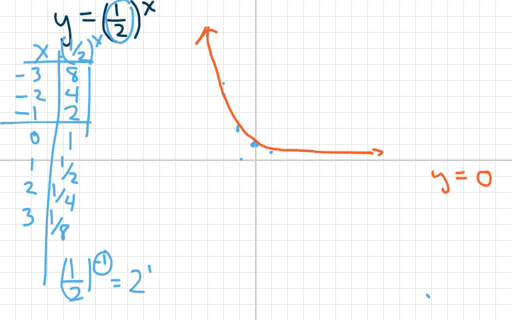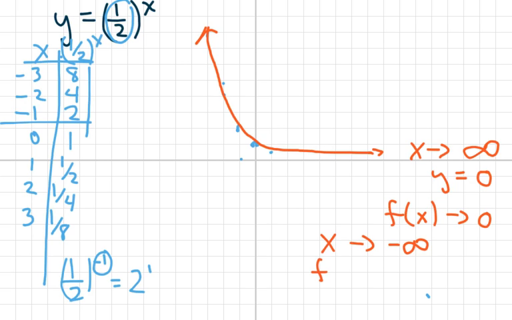Look at the end behavior. As x approaches infinity, f of x goes to 0. As x approaches negative infinity, f of x gets bigger and bigger, so that approaches infinity. Okay?